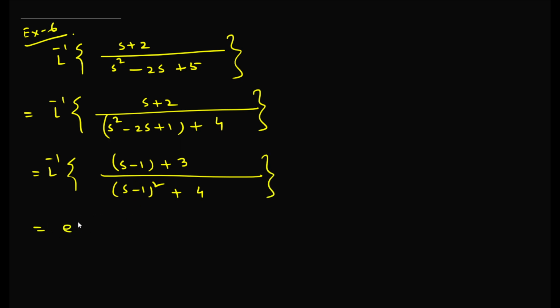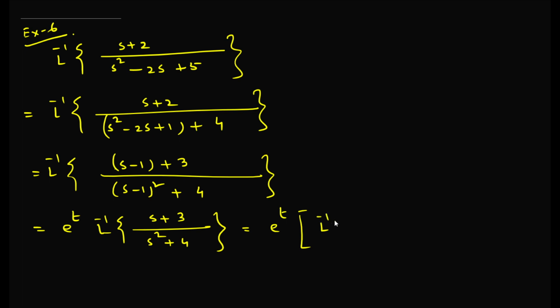So what we have to write, e to the power t, then L inverse of, in place of s we are going to put s plus 1, 1 and 1 cancel out. So what you will have now, (s plus 3) divided by (s square plus 4). Okay, so e to the power t, then we have to split this.